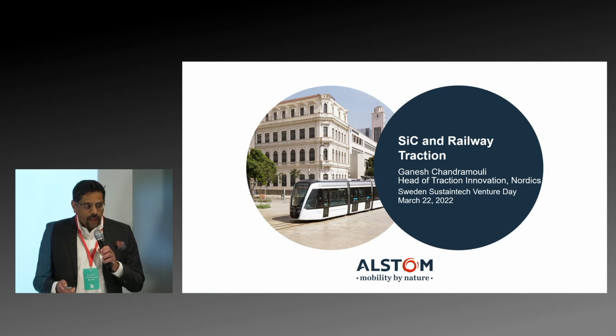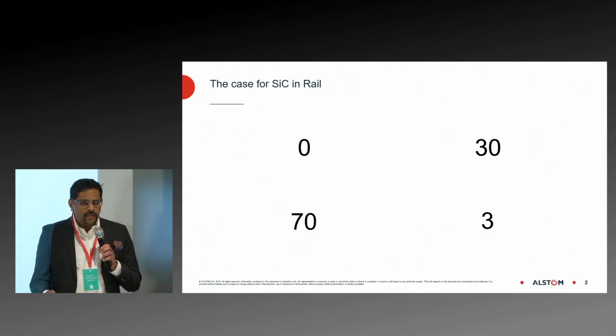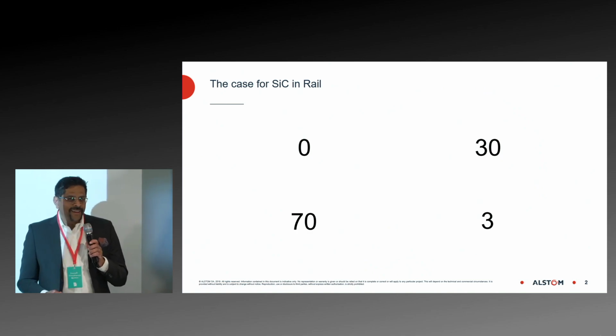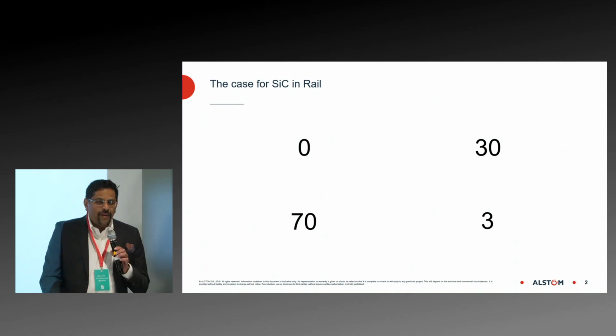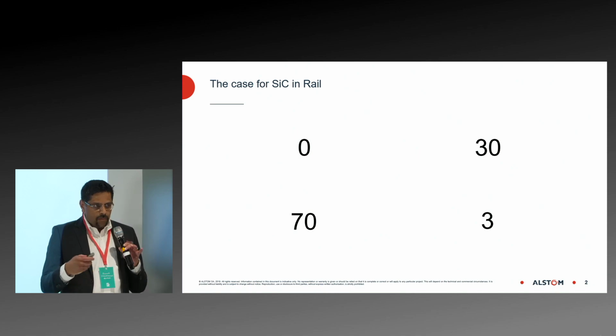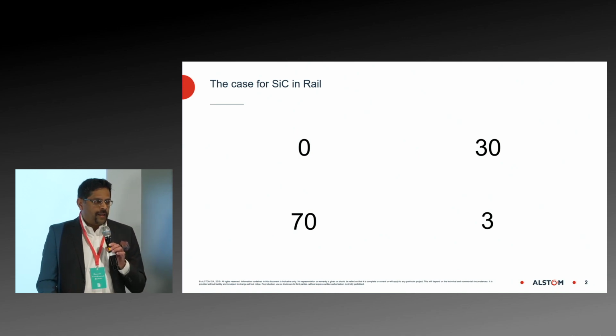So I was told to provide some figures, and so I did. I provided you with 4 figures, actually, and I'll come back to them shortly. We're from the rail business. We've done electrified mobility for about 100 years or so.